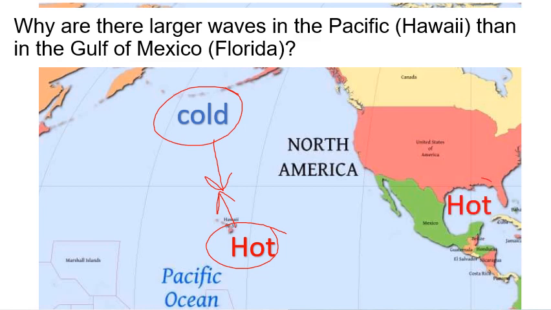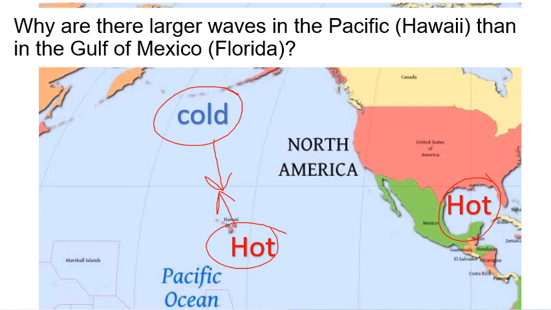All the Gulf of Mexico has is hot water, because it's a small body of water. It's near the equator. The Gulf of Mexico is an exceptionally hot body of water. Well, without the mixing of the cold and the hot, you don't get a difference in pressure, and hence you don't get any wind. So that's the first reason why the Gulf doesn't have winds like the Pacific Ocean.